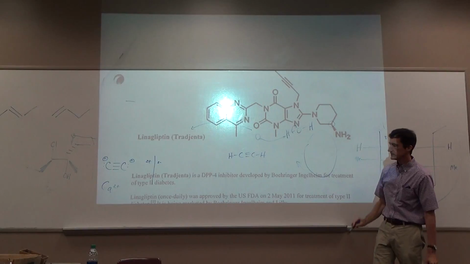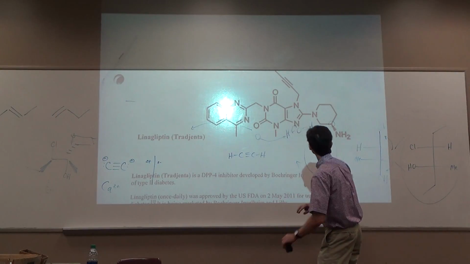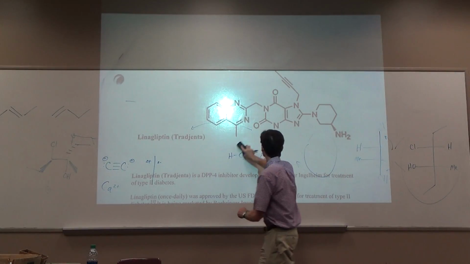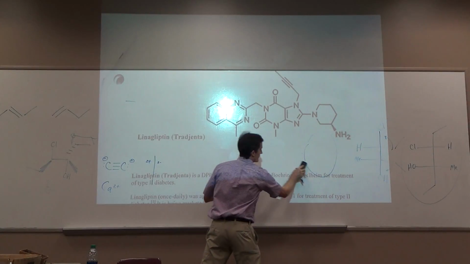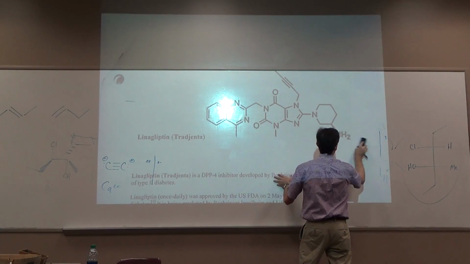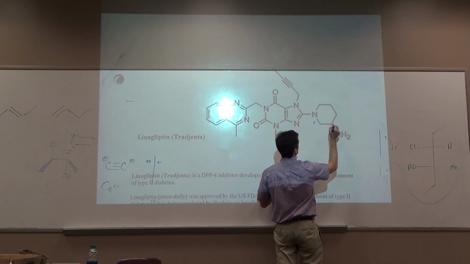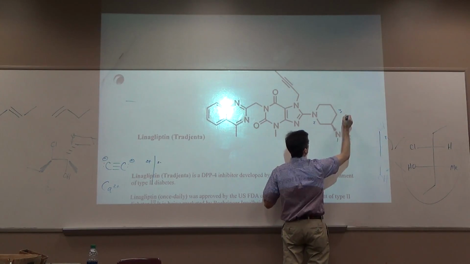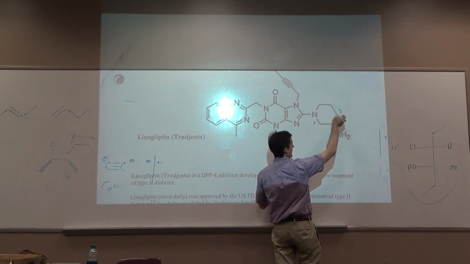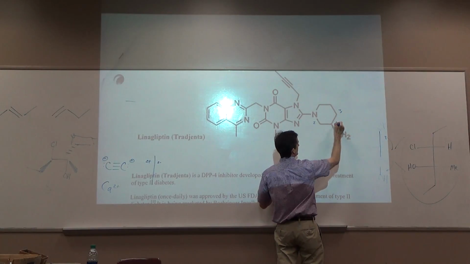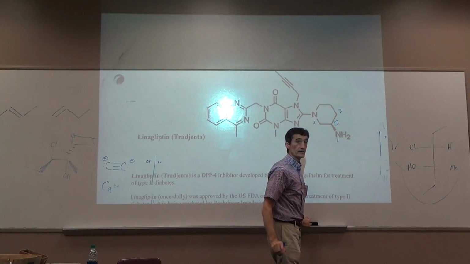Is this R or S? Nitrogen 1, carbon with nitrogen 2, carbon with carbon 3. Counterclockwise, low priority group in the back. Yes, it looks like S to me.